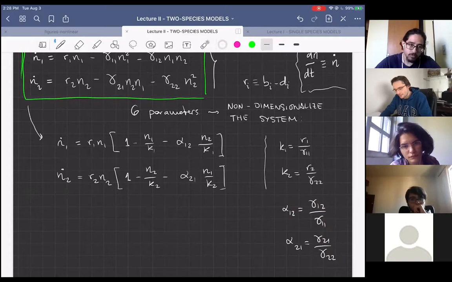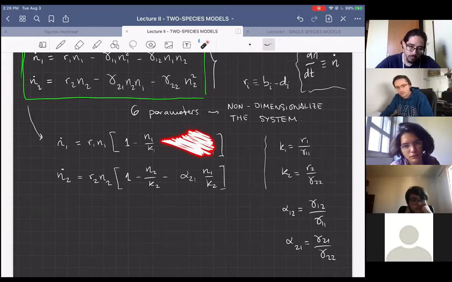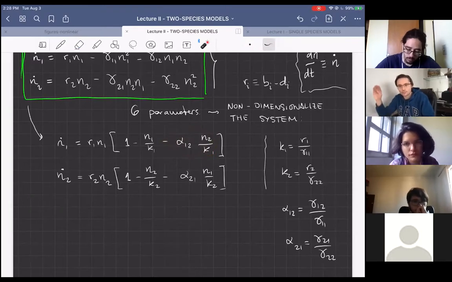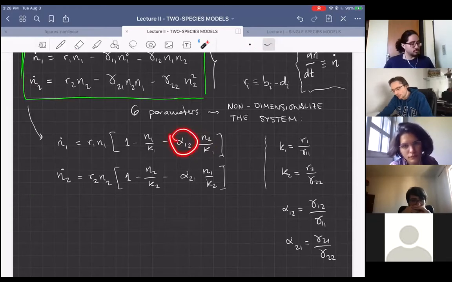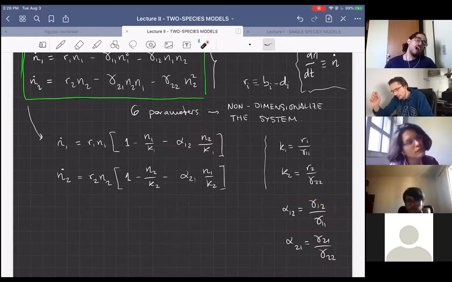So if I set N2 equal to 0, I recover the logistic growth we got yesterday, right? You can see it there. The same for this expression. So K1 will be the carrying capacity of species 1 without the species 2. And the second parameter, alpha 1,2, is the ratio between the intensity at which species 2 inhibits species 1 and species 1 inhibits the growth of itself.